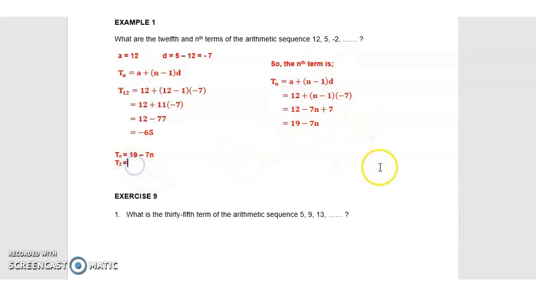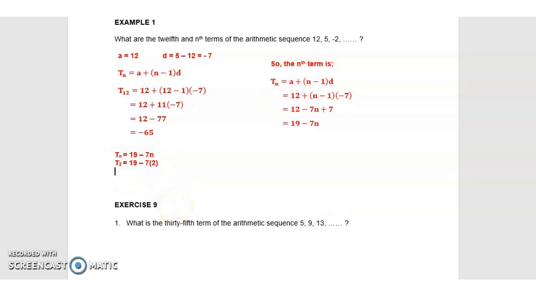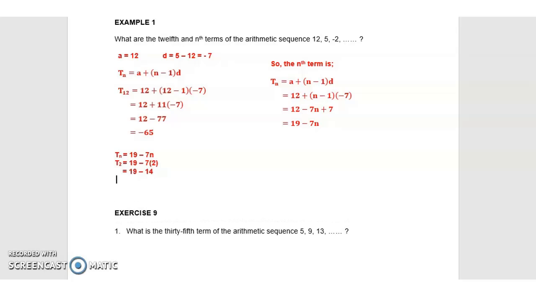So T2 equal to, use the general formula for this sequence just now, 19 minus 7n. If T2, it means n equal to 2. So substitute n equal to 2. Here we get 19 minus 14. 19 minus 14 is 5, right? So that's what is meant by general term. So T2 equal to 5, and here T2 also equal to 5.